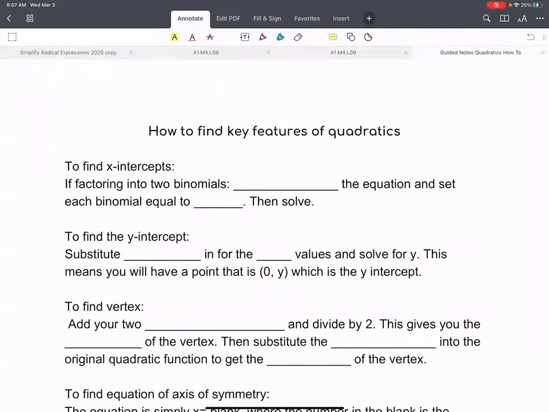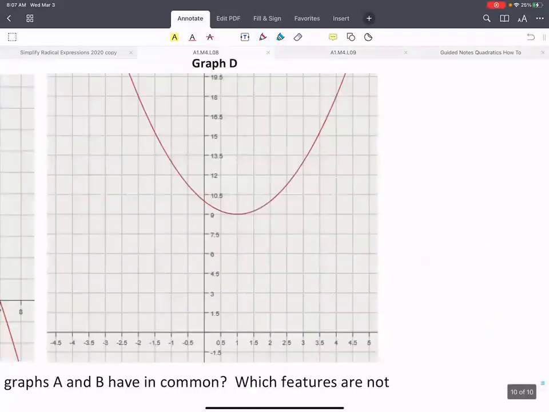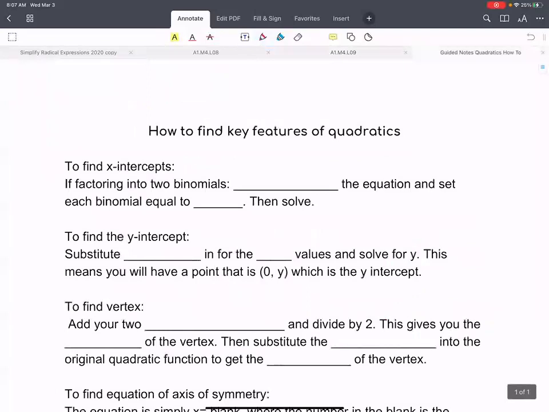All right, how to find key features of quadratics. To find x-intercepts, if factoring the two binomials, factor the equation and set each binomial equal to 0, then solve. We're going to factor, set each binomial equal to 0, then solve.